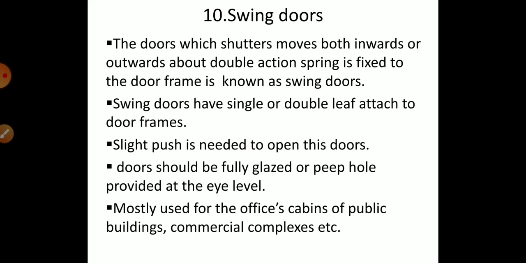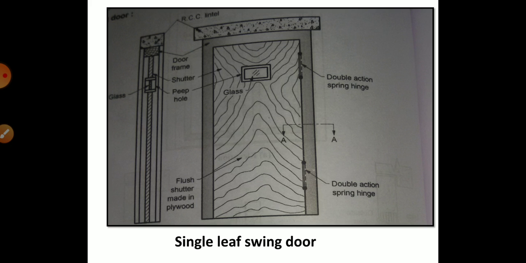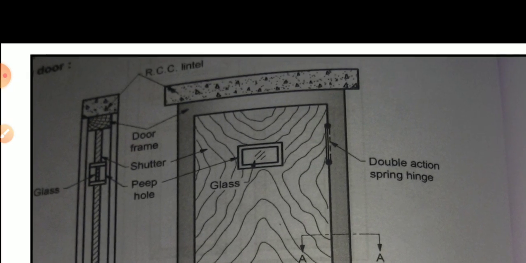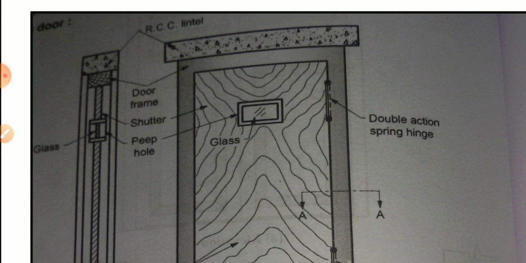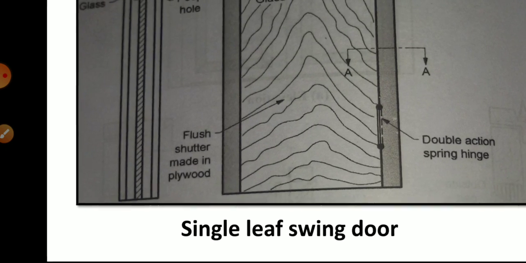These types of doors are mostly used in officers' cabins of public office buildings, commercial complexes, and showrooms. You can see here a single leaf swing door: the glass, double action spring hinge, door frame, and shutter.